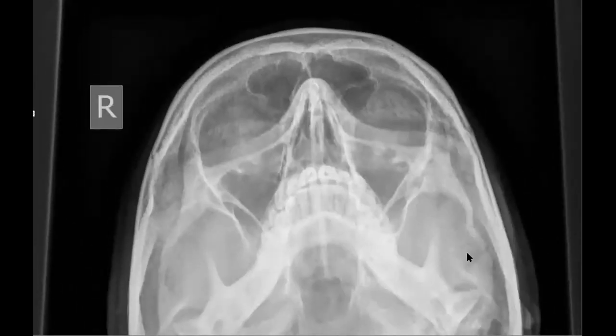Don't forget when you find this view to check for the elephant. So this is the elephant here. Any disruption in the elephant shape with this mouth, you will find the pathology. So here there is zygomatic arch fracture.